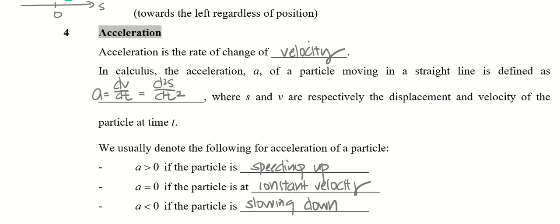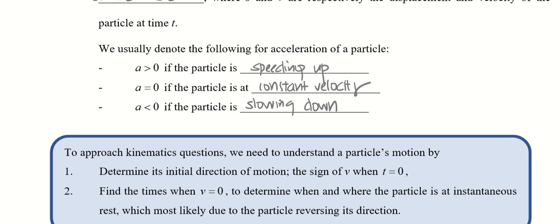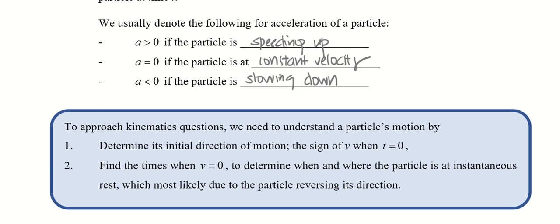Now, the thing that we do to approach a kinematics question is, number one, we need to determine its initial direction of the motion, the sign of v when t equals 0.